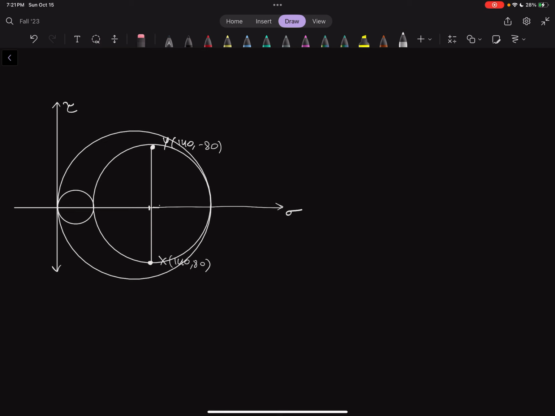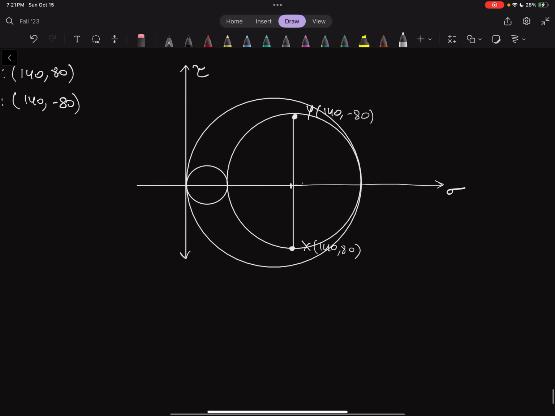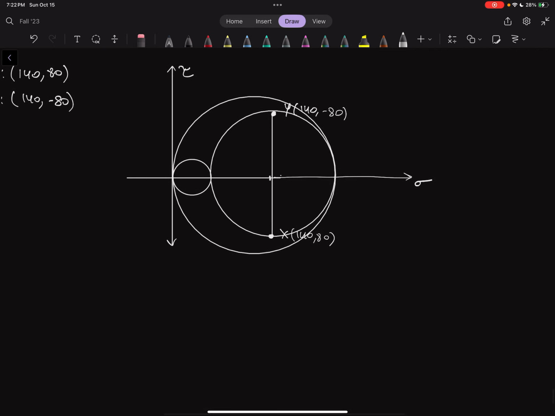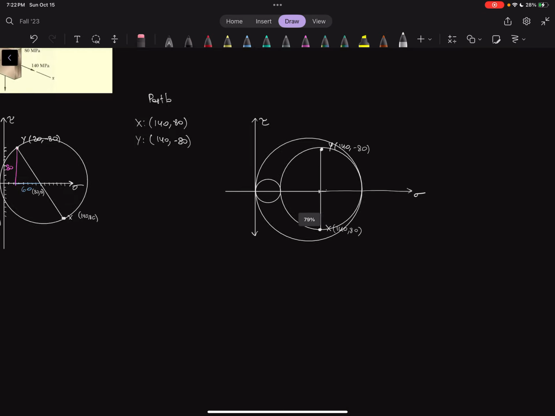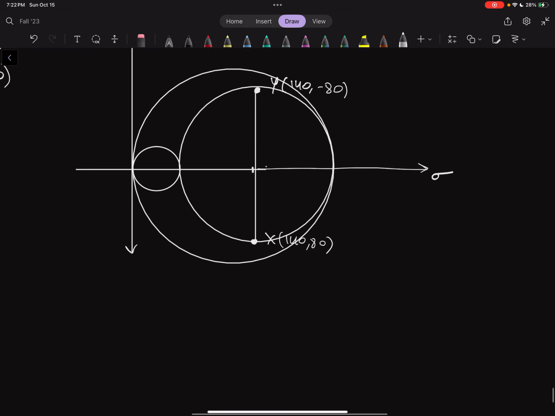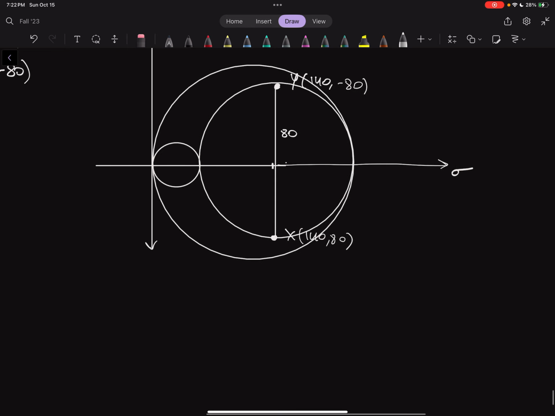And the big one is going to go from sigma 0, which is on the z-axis. And so what are we going to get? Well, let me see. The radius is going to be 80, and the center is going to be 140.